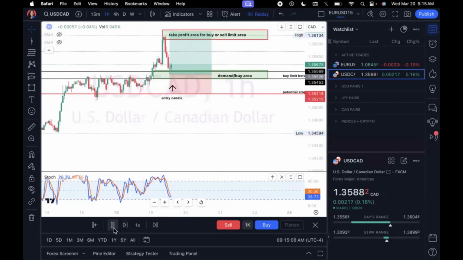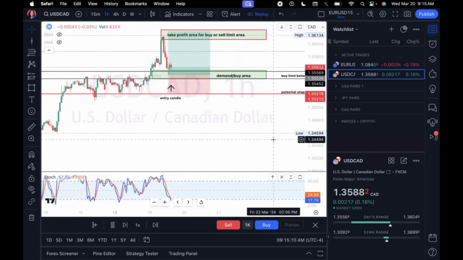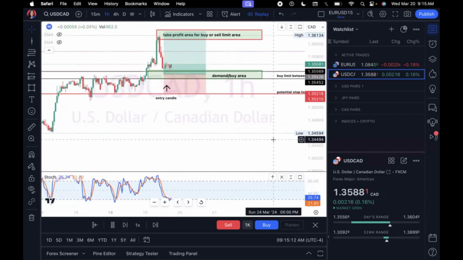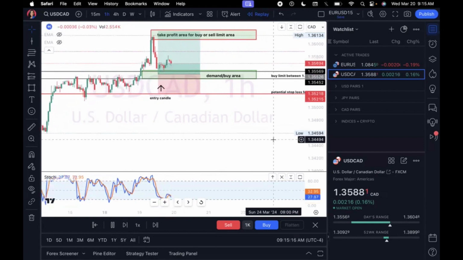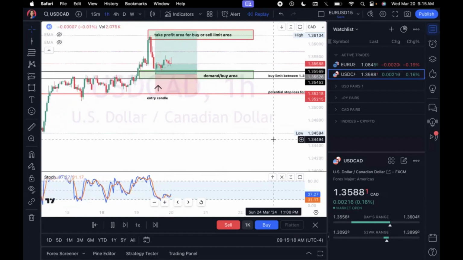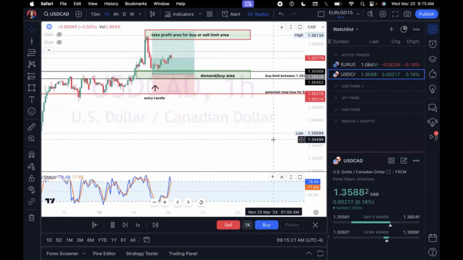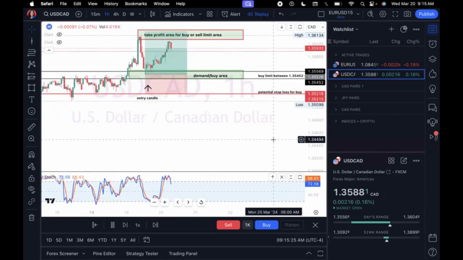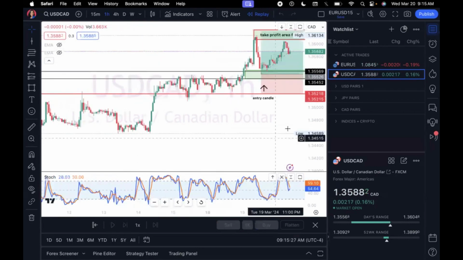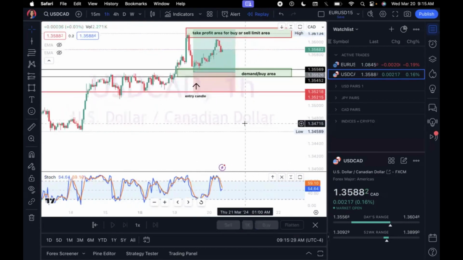So we're going to go ahead and replay this trade and see what happened. So we can see that the market actually did push down and it barely tapped back into our demand zone, but that was actually enough to trigger the trade if you set a buy limit for this particular order as it was recommended. As we can see, this trade continued to push up and it is currently in profit.